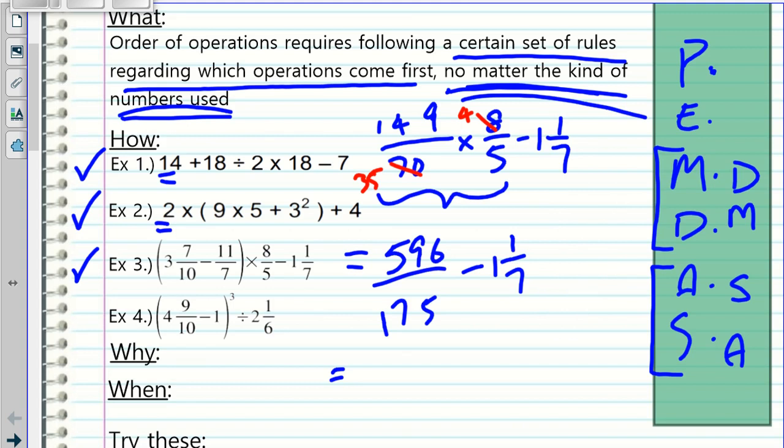Okay, all right. Now, here we're 596 over 175 minus, now 7 times 1 is 7, 8 over 7. Now, any common denominators here? Let's see. What's the common denominator?